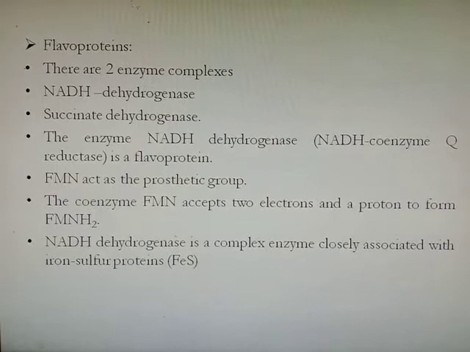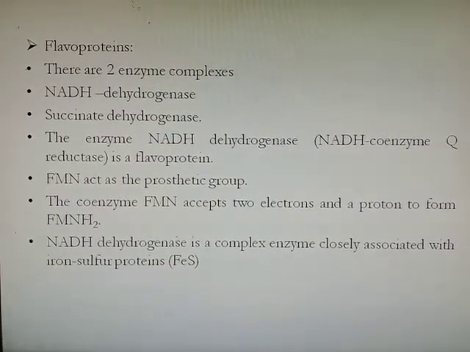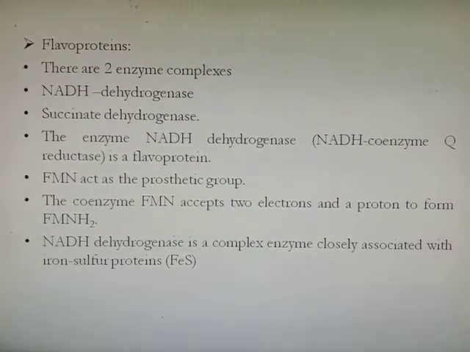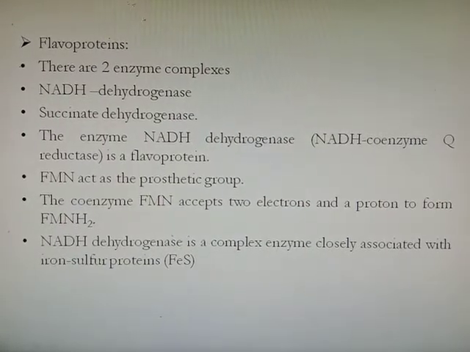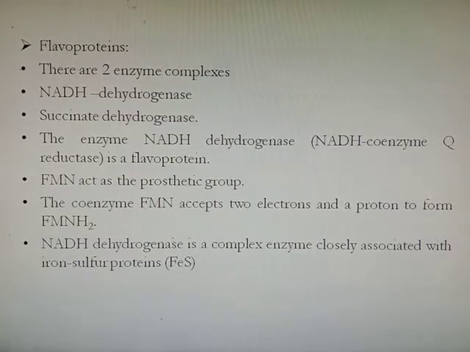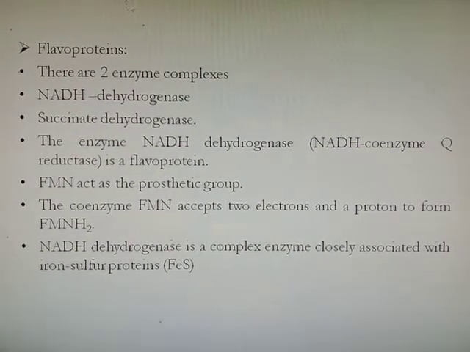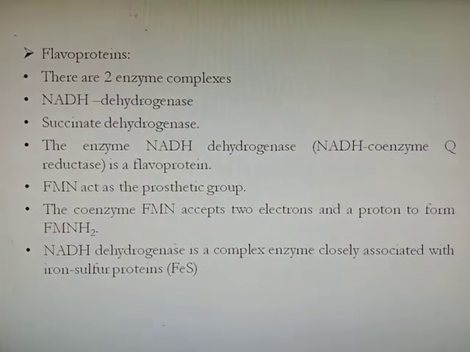Previously we saw the oxidation reduction reaction example where oxidation of NADH is coupled with reduction of FMN to form FMNH2. The coenzyme FMN accepts 2 electrons from NADH and protons to form FMNH2. NADH dehydrogenase is a complex enzyme and is closely associated with iron sulfur protein.